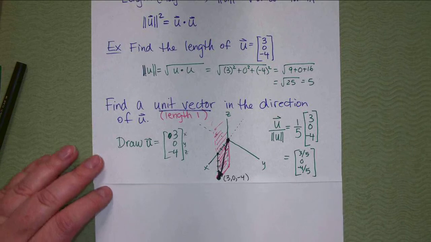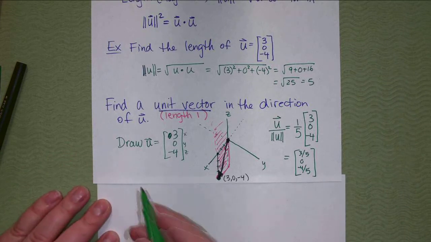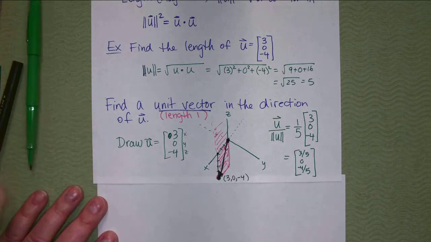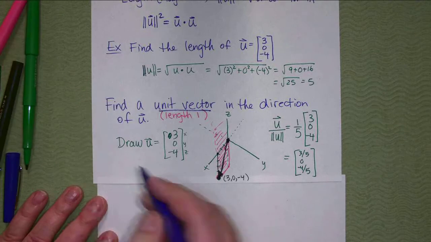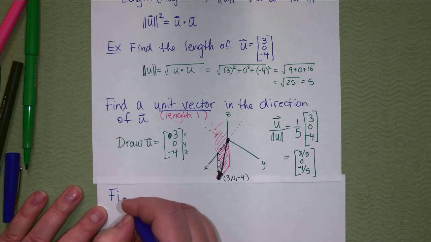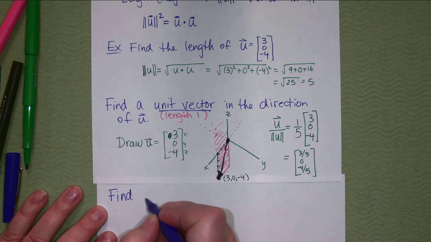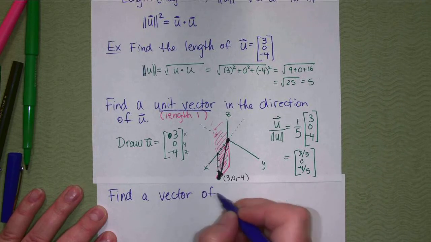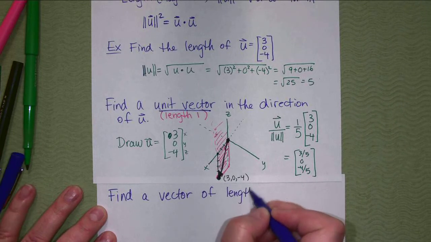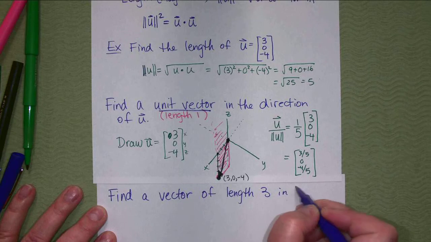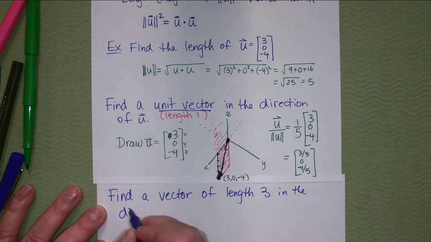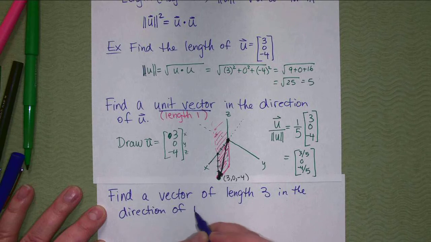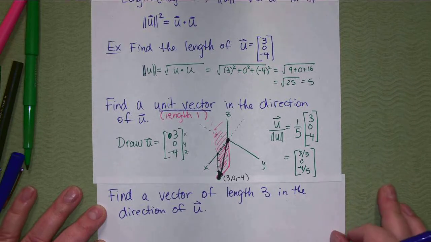Now, what if instead of a unit vector in the direction of U, we wanted to find a vector of length 3?